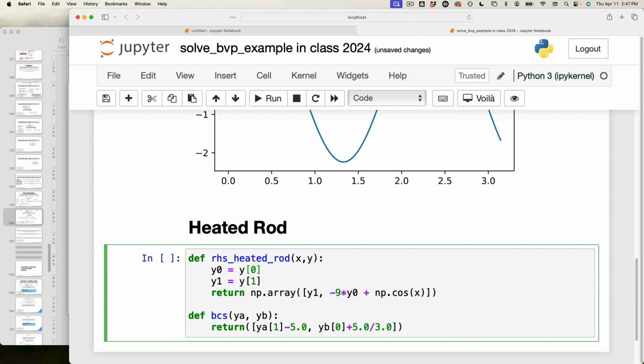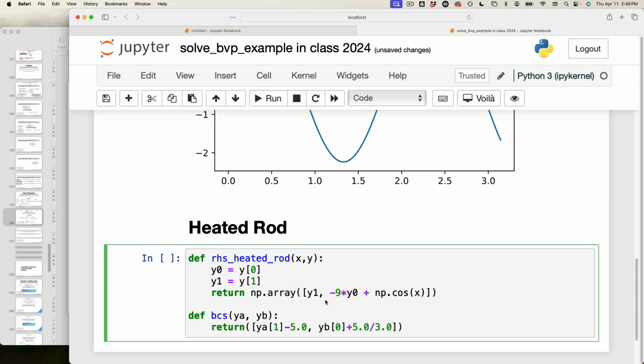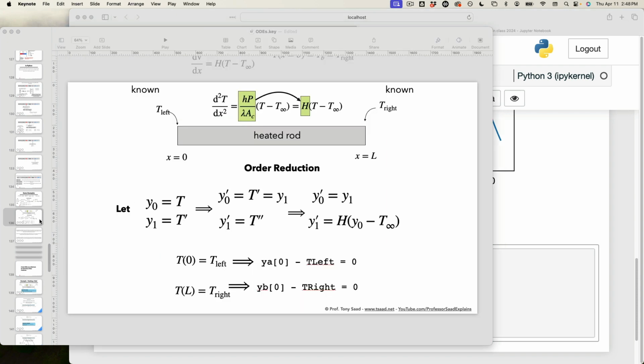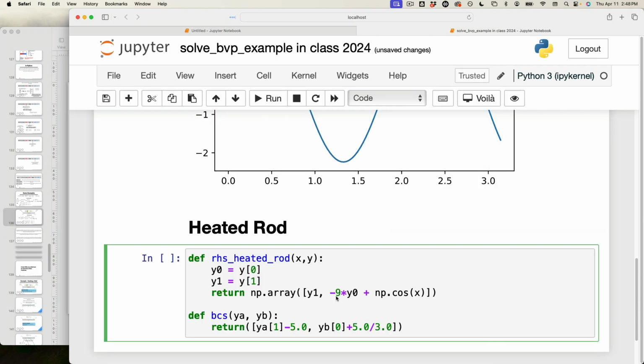Y0 is y at 0, and y1 is y at 1. And I'm going to return an array containing the right-hand sides for this system. That's y0 prime equals y1. So I got y1 over here. And for the second ODE, it's h times y0 minus t infinity.